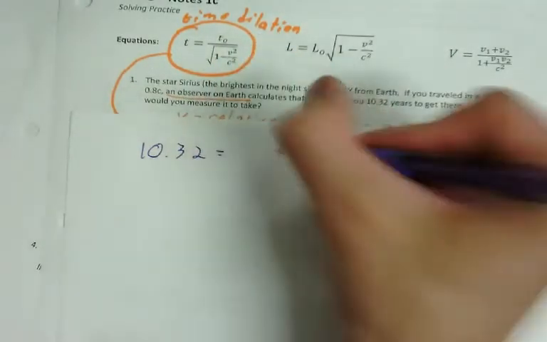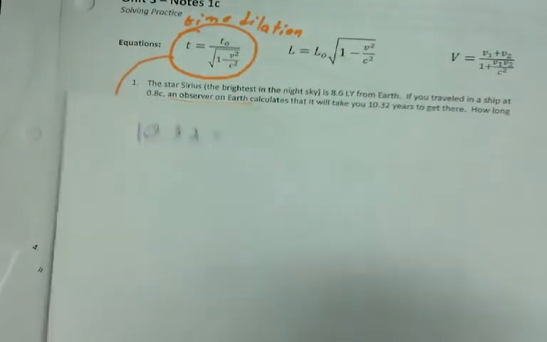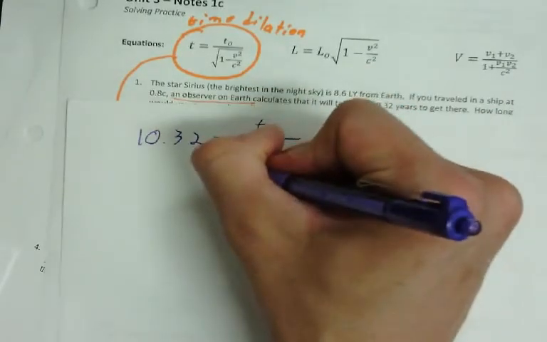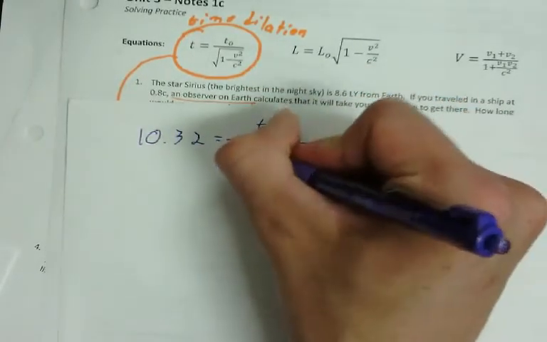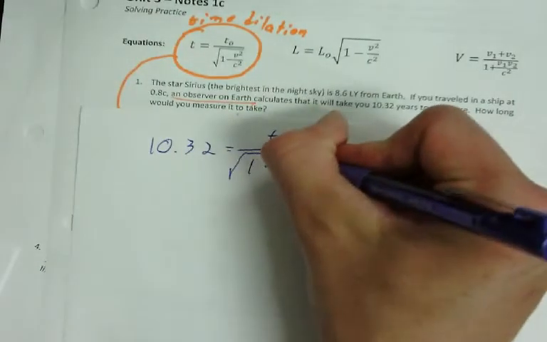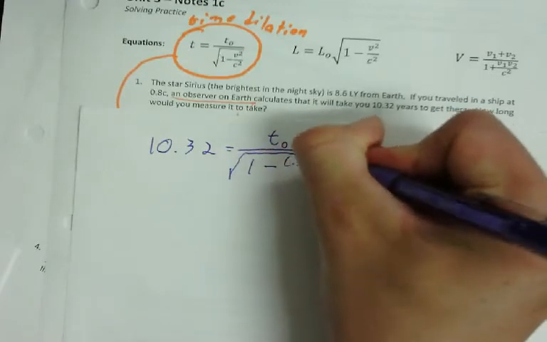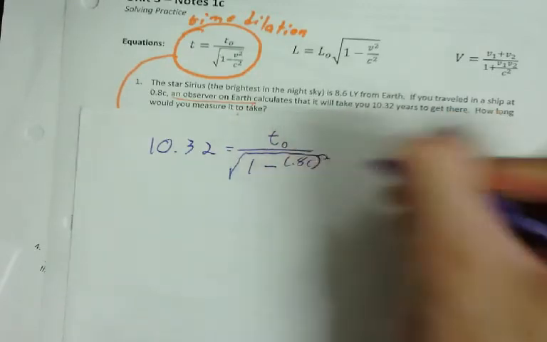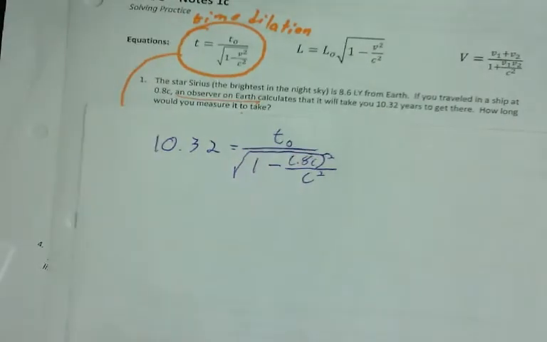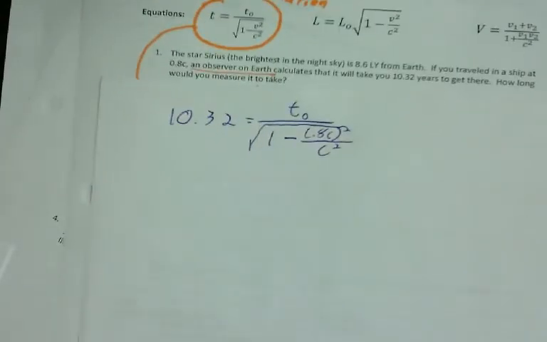T naught over the square root of 1 minus V squared, V is 0.8c, over C squared. There's the setup. That's what it looks like. Okay. Anyone have any questions on where things went or why I put them where I did?